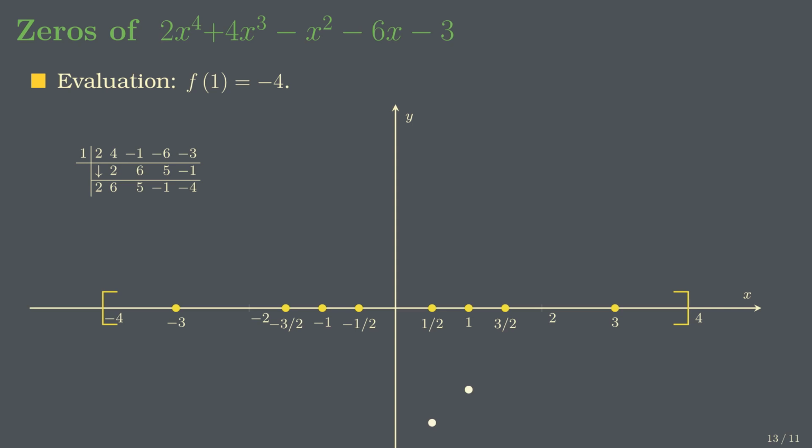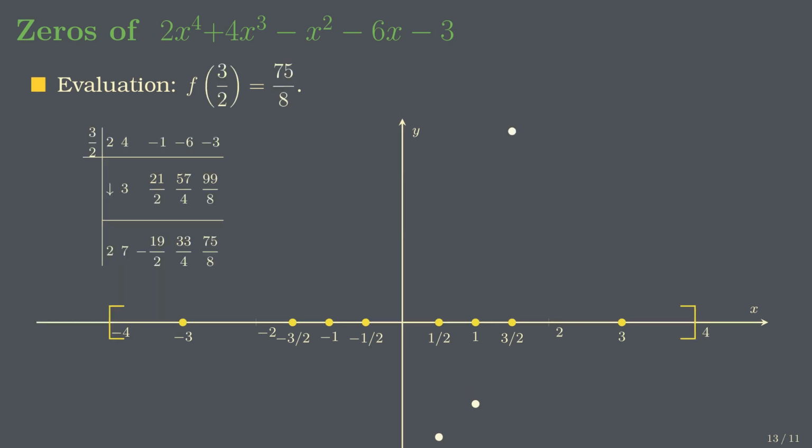And also from the third row, we cannot tell that 1 is the upper bound for zeros, right? So we proceed with 3 over 2. Well, for 3 over 2, f has a value of 75 over 8. This is not a zero either.